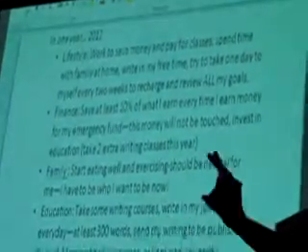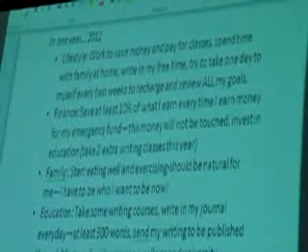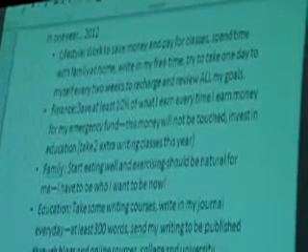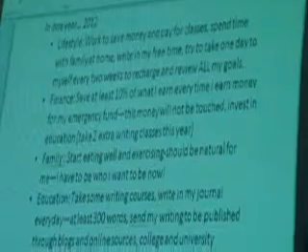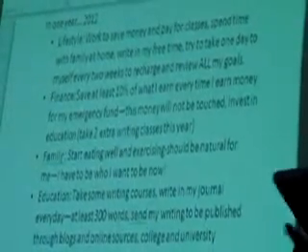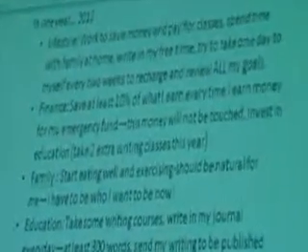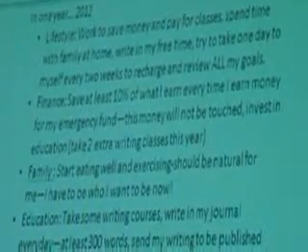And eventually you do want to put your goals away because you don't want to get so stuck on your goals that you are not open to different ways of achieving them. And I'll talk about that in a minute. But finances, save at least 10% of what I earn every single time I earn money for my emergency fund.